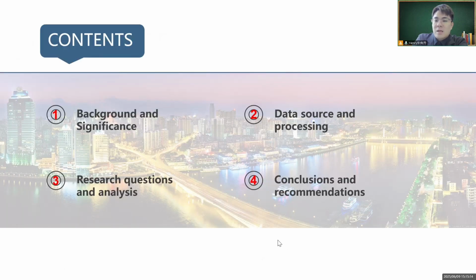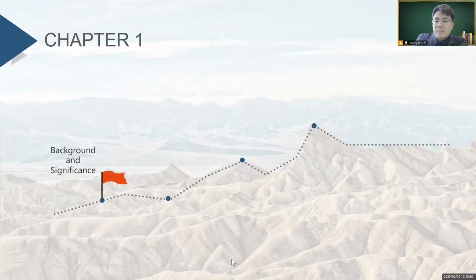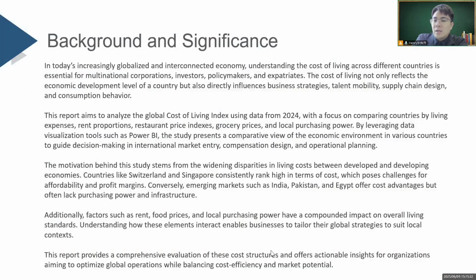Our project is divided into four main parts: background and significance, data source and preparation, research questions and analysis, and conclusions and recommendations. For part one, cost of living is an important topic for companies, investors, and people working abroad.